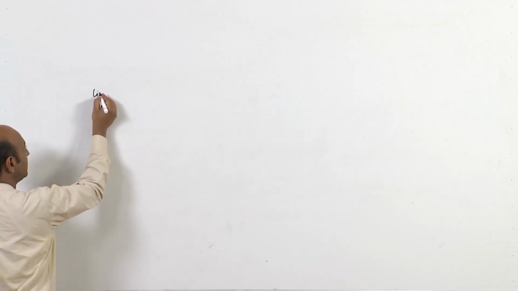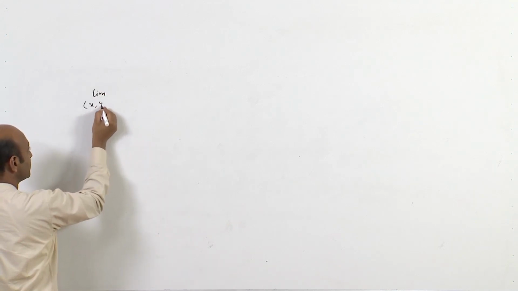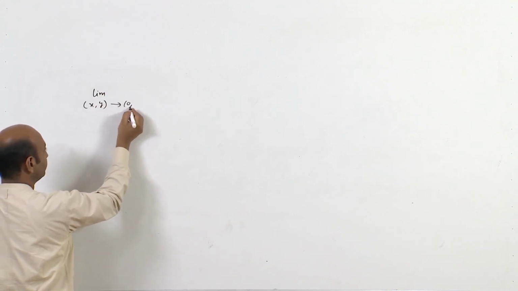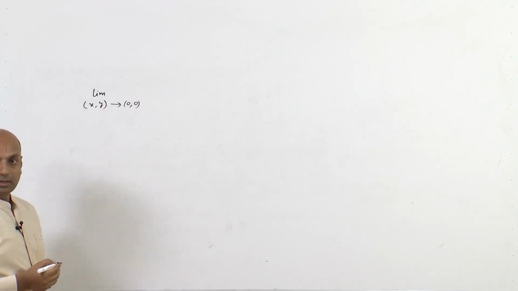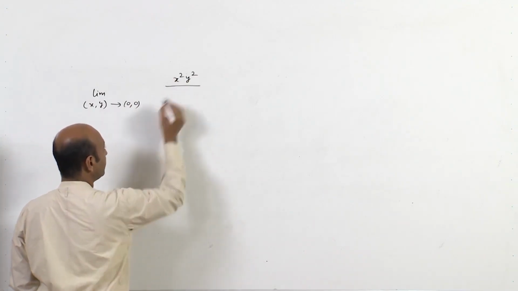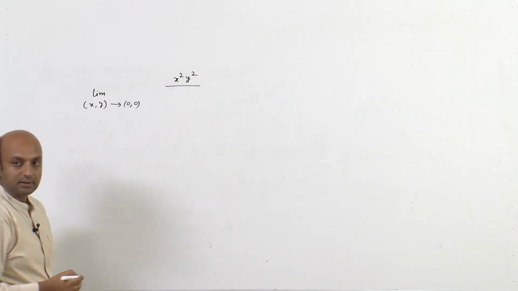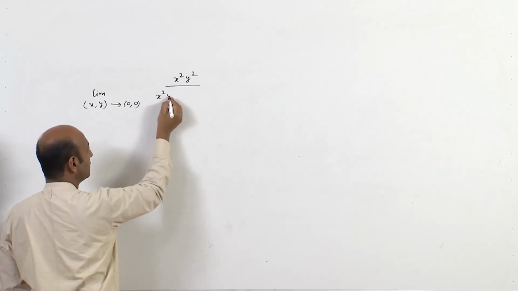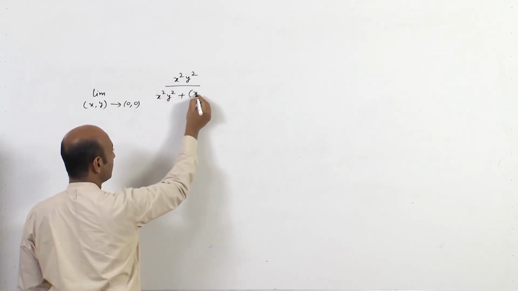It is the limit x y tending to 0 0 of x square y square upon x square y square plus x minus y whole square.